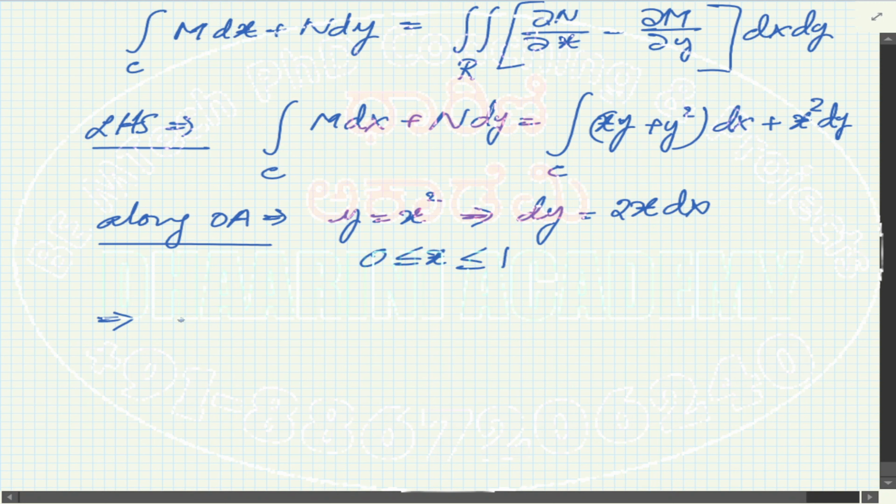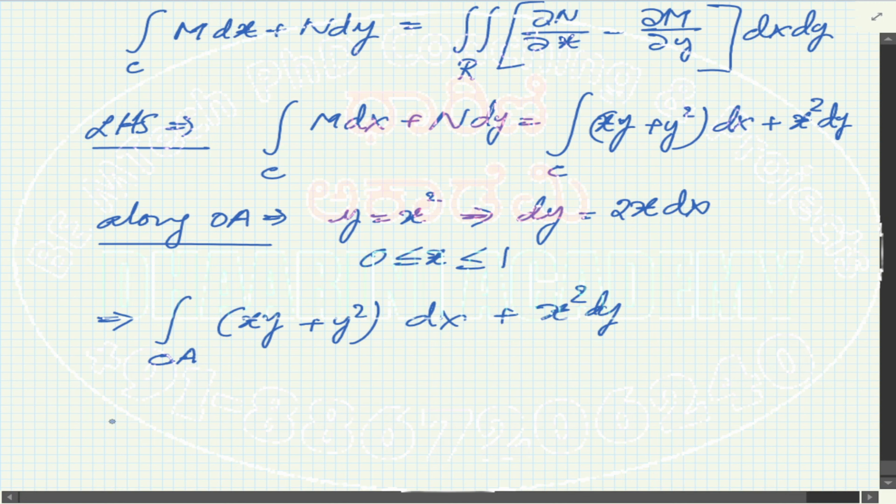This implies the integral over OA of (xy plus y squared) dx plus x squared dy can be replaced as the integration from x equals 0 to 1. I'm replacing every y by x squared.